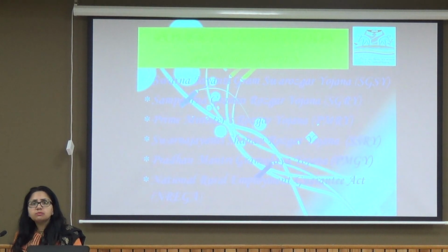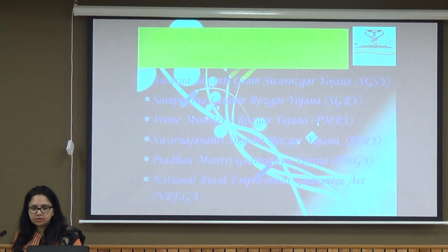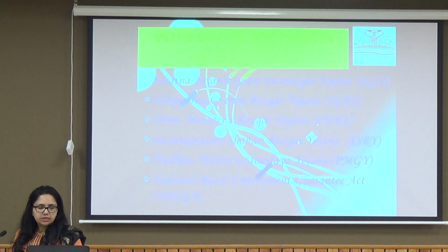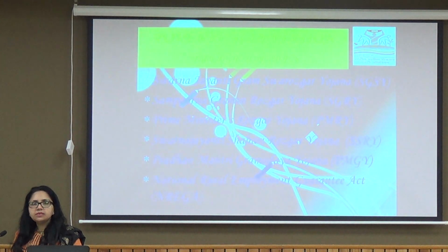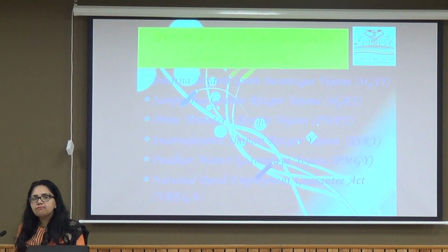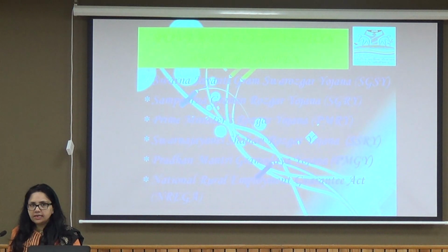These programs include Swarna Jayanti Gram Swarojgar Yojana, Sampurna Gram Rojgar Yojana SGRY, Prime Minister's Rojgar Yojana PMRY, Swarna Jayanti Shahari Rojgar Yojana SJSRY, Pradhan Mantri Gramodaya Yojana PMGY, and the National Rural Employment Guarantee Act, which is famous as NREGA.